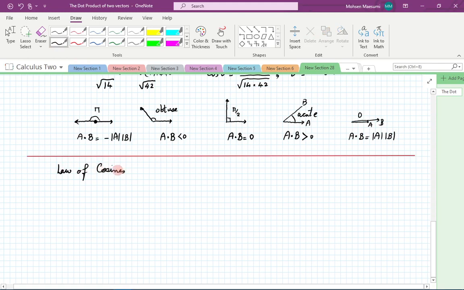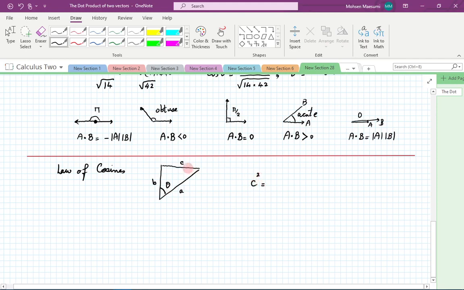When you are solving a triangle, the issue comes up that if I have a triangle with this side of length A, this of length B, and this of length C, and the angle between these two is theta, then we have a formula which is essentially a modification of the Pythagorean formula.